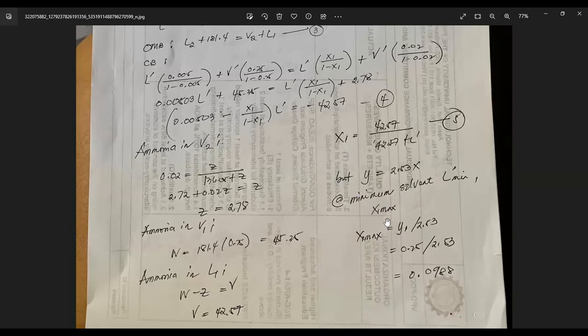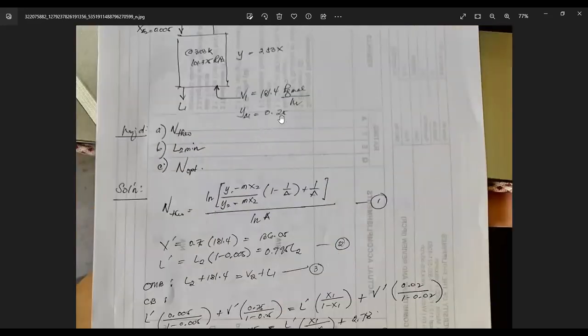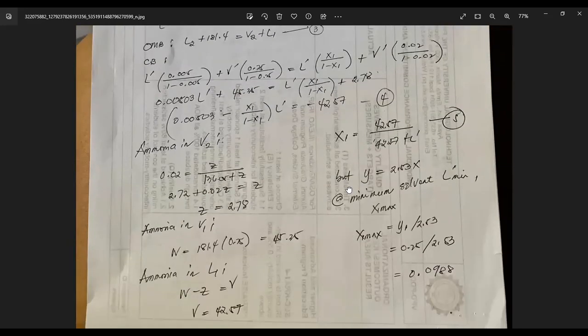So I'd like to emphasize here, class, that if you intend to know the mole fraction of the solute in the liquid phase leaving your absorption tower, you always use the equilibrium relationship. You use the Y1 that is given in the problem, which is 0.25. This is your Y1. And the X sub 1 maximum will be determined already using the M in your equilibrium equation.